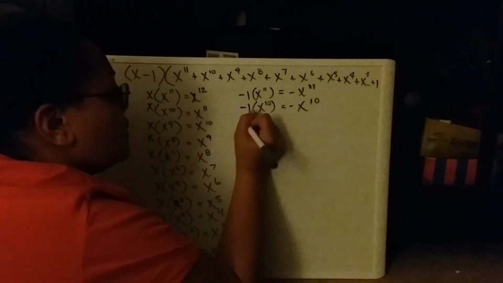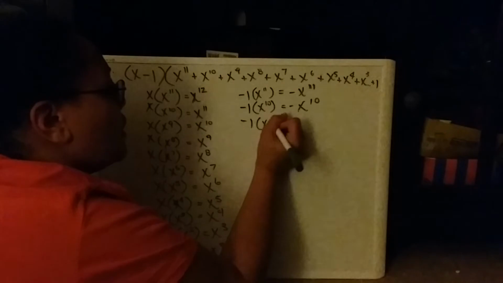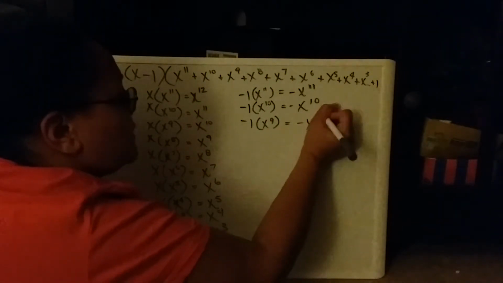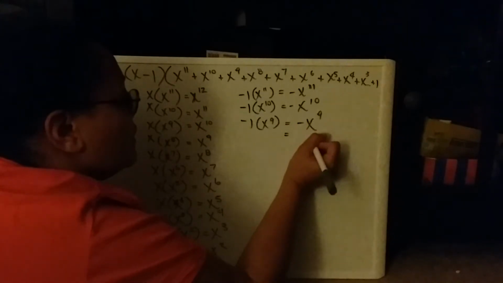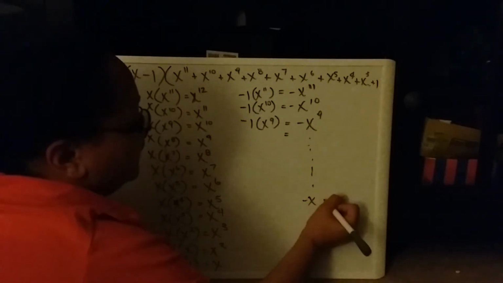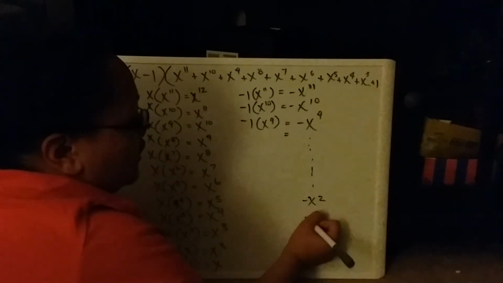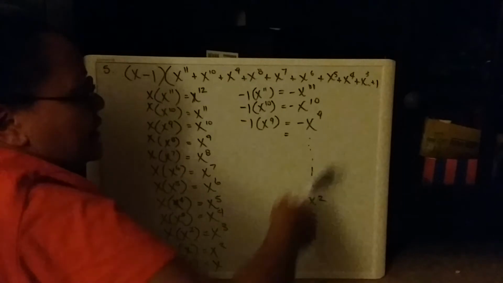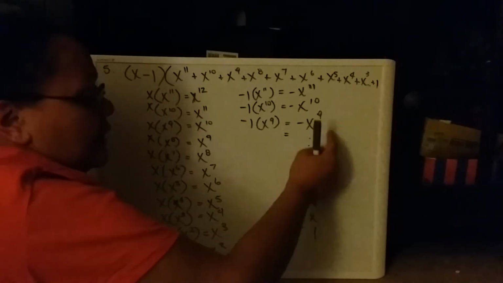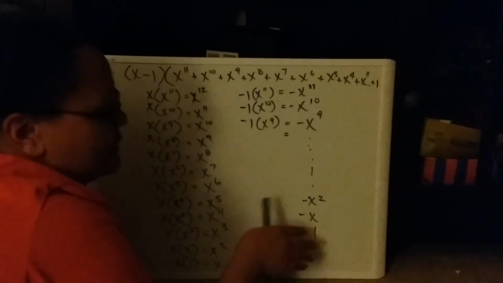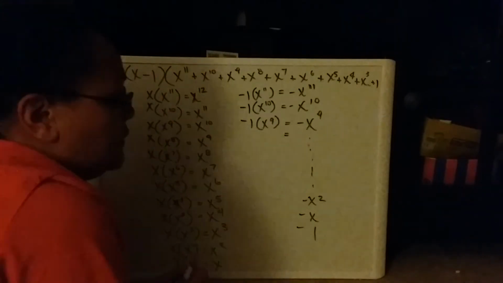I'm not going to do all of this. x to the 9th, all the way down. You've got negative x squared, negative x, negative 1. Imagine that the dots in the middle are the rest of the sequence, and you end up with these last couple of terms.